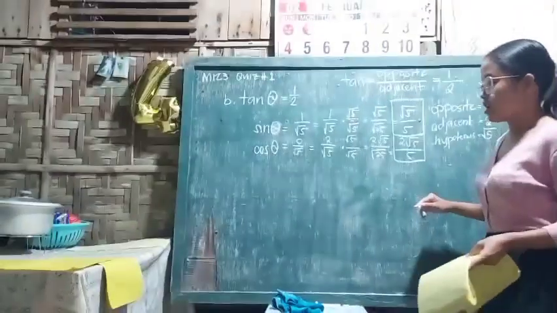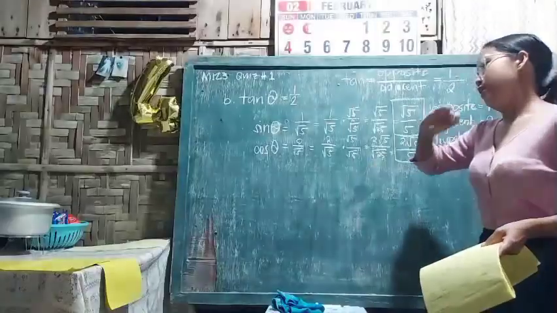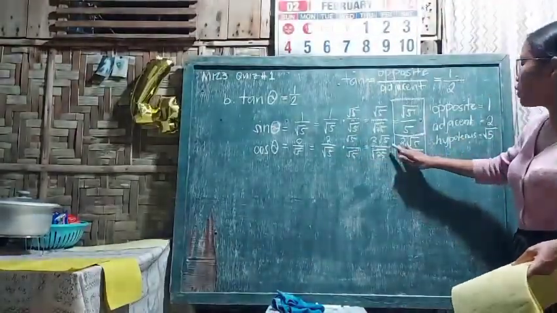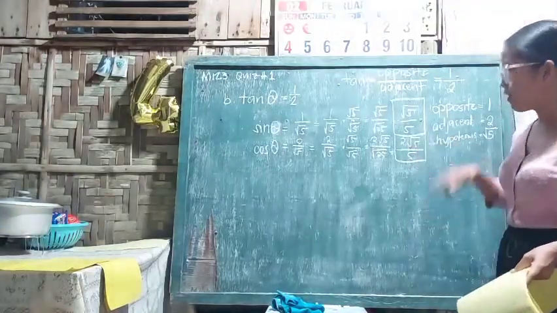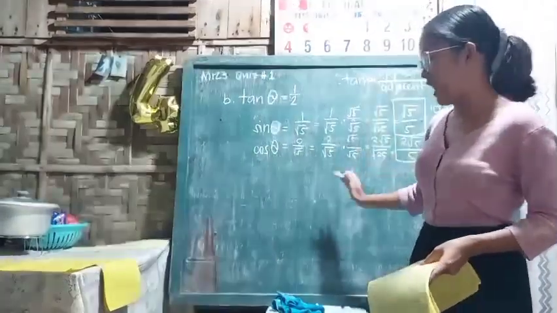Now, our cosine here, from 2 over square root of 5, became 2 square root of 5 over 5. Now, our tangent is equal to 1/2.